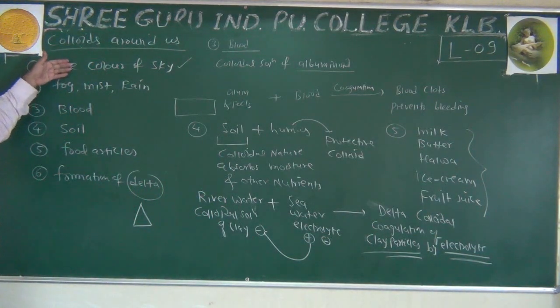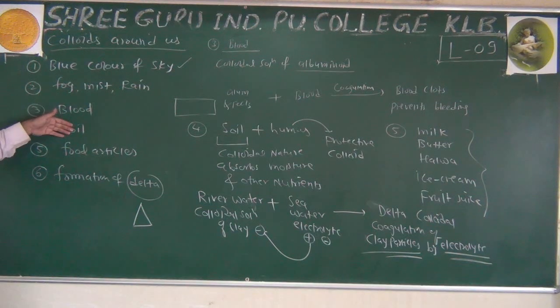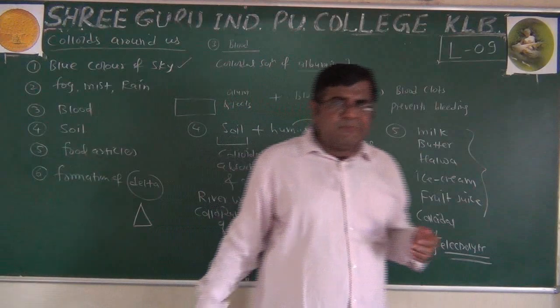So everywhere colloids are there: the blue color of sky, fog, mist, rain, blood, soil, food articles, and formation of delta. So colloids are very important for us. You should read every sentence from the textbook.